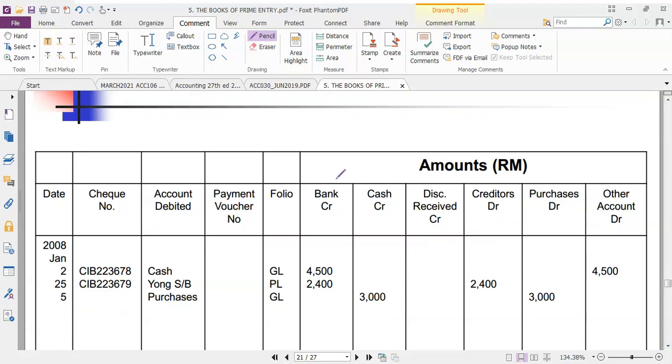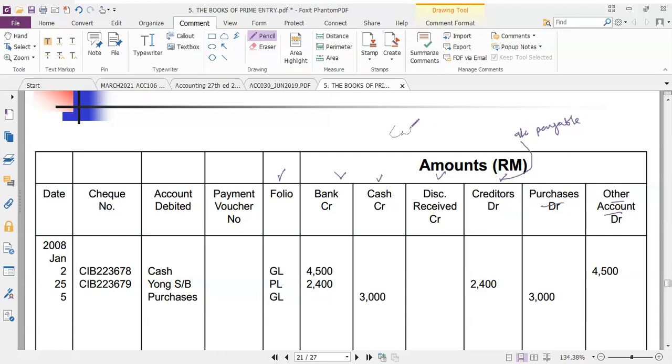other account. Banyak kan? After folio ni kita kena buka bank, cash, discount receipt kalau ada, creditors. Creditors ni apa nama dia? Account payable. Okay, purchases, other account. Sebab apa?